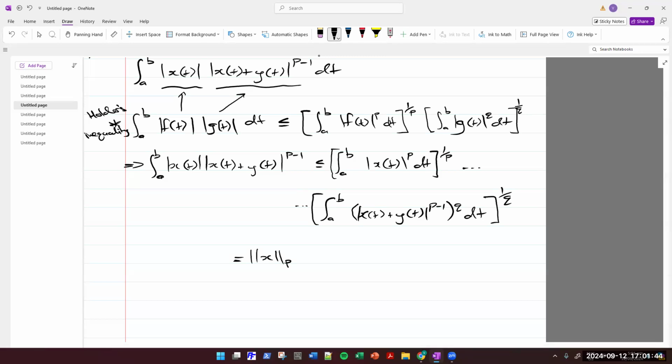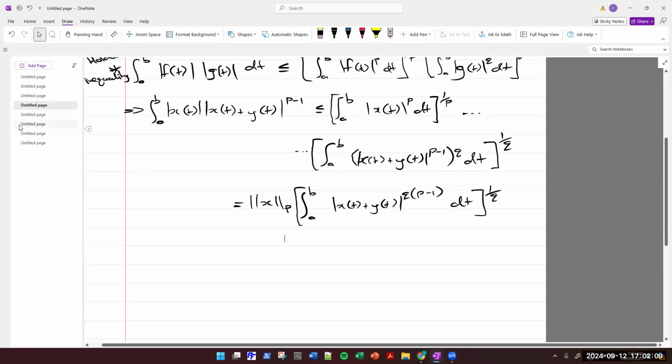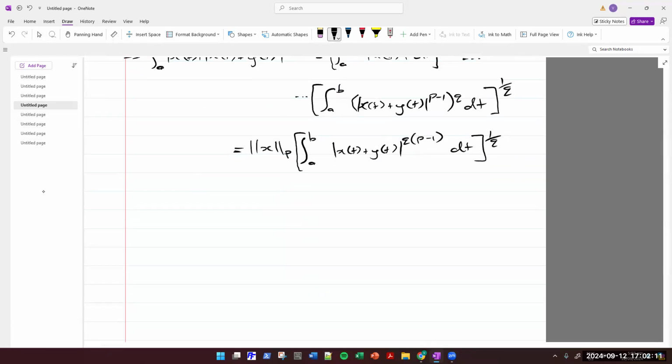This second term now, okay, let's write it back. Integral from a to b, x of t plus y of t, and using my rules of indices, that is q into p minus 1, dt. Then I take the q root of that, 1 over q. Okay, so now, what is it?